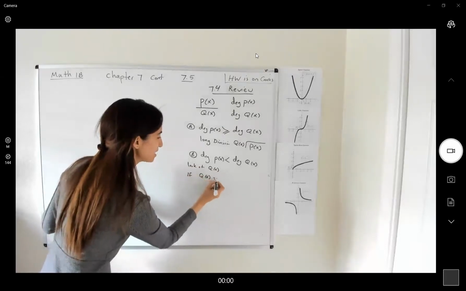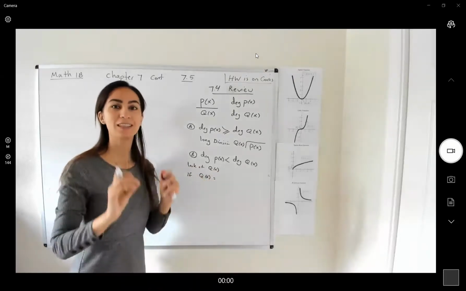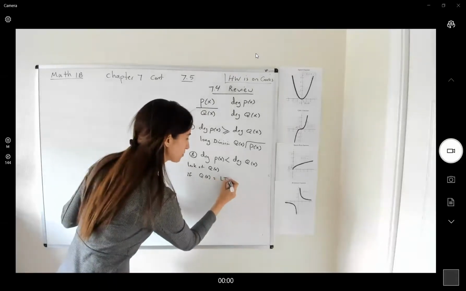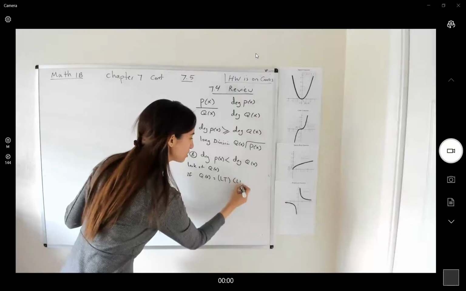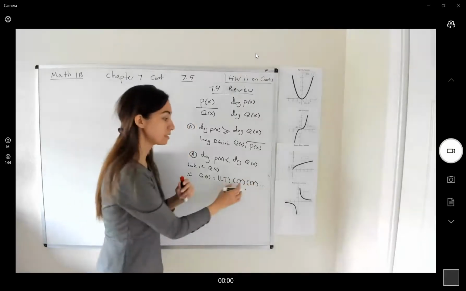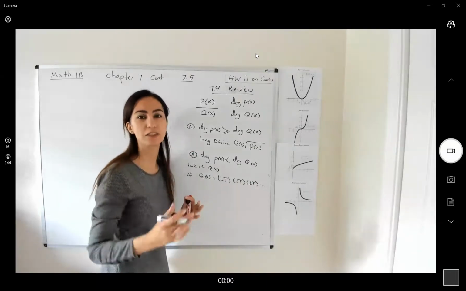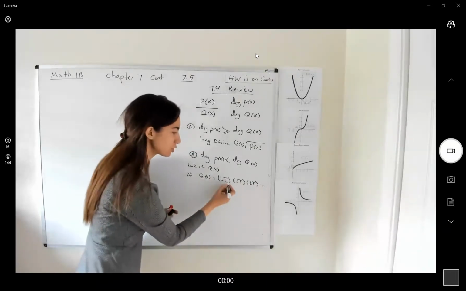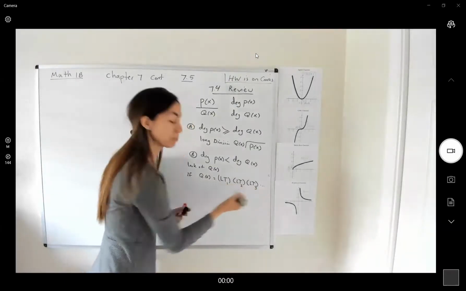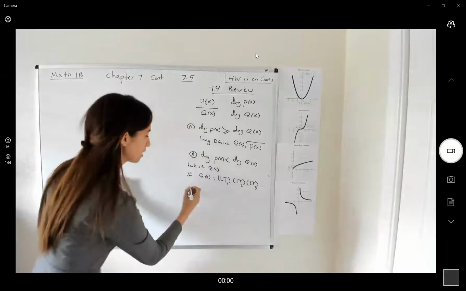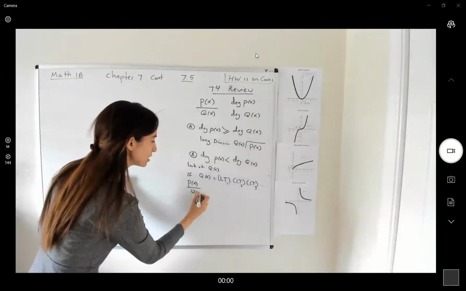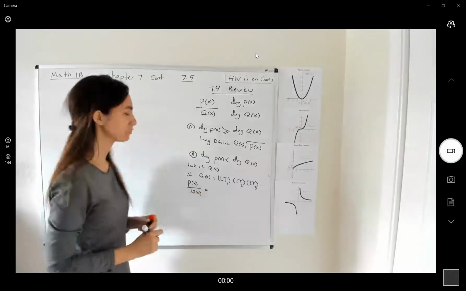If q(x) is the product of linear terms, linear term 1 times linear term 2 times linear term 3, and so on, and these linear terms are different from each other, then we separate p(x) over q(x) using the decomposition of fractions.